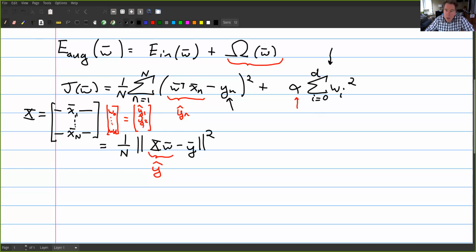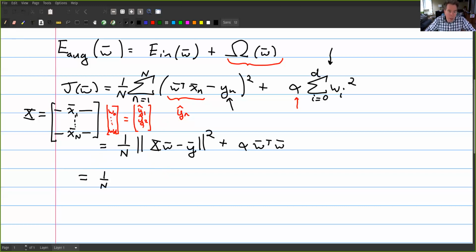And this, we could vectorize it if we write it like alpha times w transpose times w. So this is saying the same thing. This is just the dot product of w with itself. Okay, so all we've done here is we've rewritten J, and I want to keep going and rewrite it in still other ways that make it easy to take the gradient.